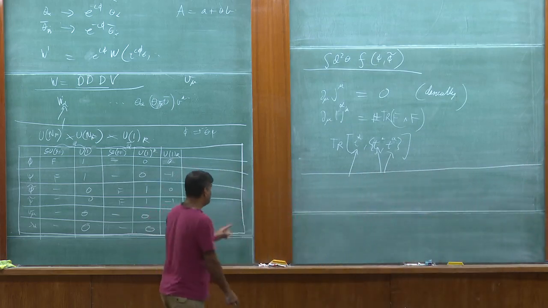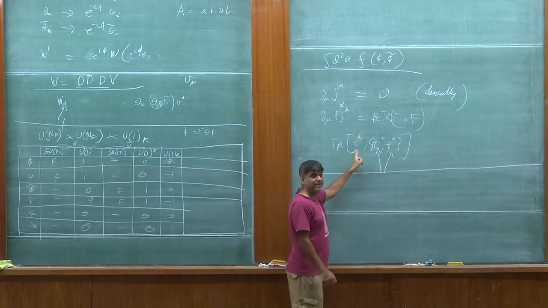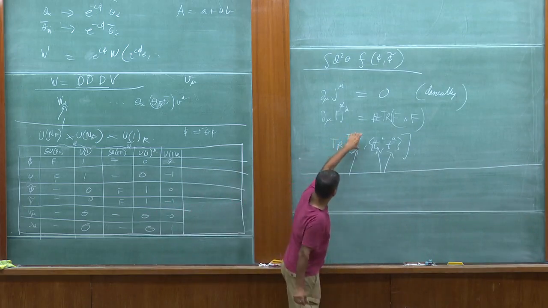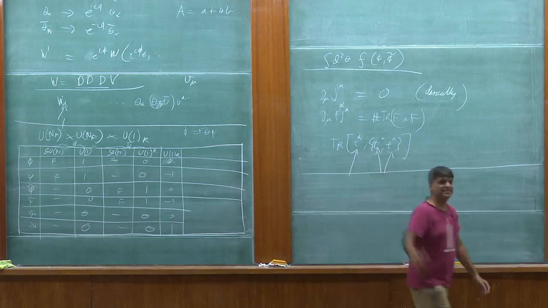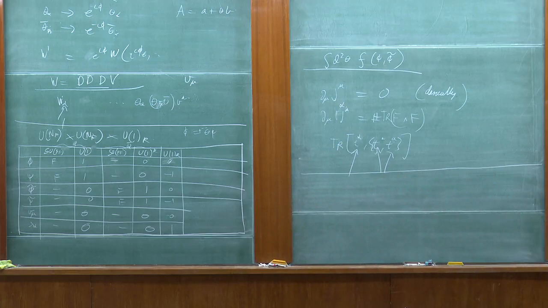Now the first thing that we can use this for is to apply it to the gauge symmetry itself. Suppose T was a gauge symmetry generator. Then we get the equation that ∂_μ J^μ of the current coupling to the gauge symmetry is given by this formula.